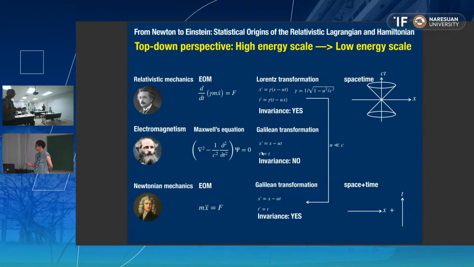So then we have a better version that we call relativistic mechanics, right? And then we have a new kind of transformation that we call the Lorentz transformation, with this gamma factor here. And the interesting point is that when we get to this upper level, space and time now fuse to be one entity that we call space-time, right?